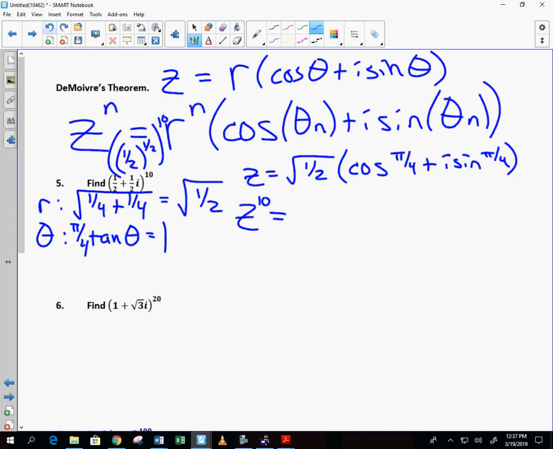So it'll be 1/2 to the 5th. Times the cosine of, what do we do with the angle? Times by 10, and I get 10 pi over 4. I like to reduce in this step here. 10 pi over 4 is the same as 5 pi over 2.